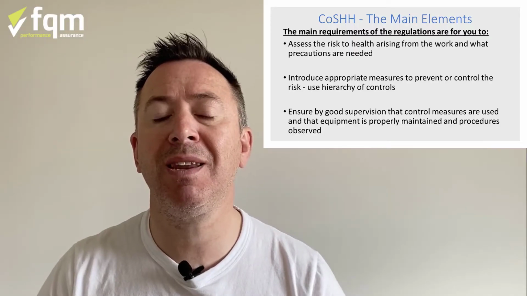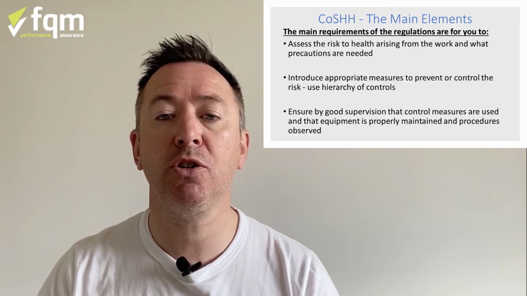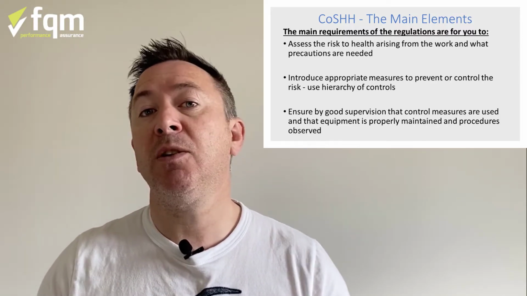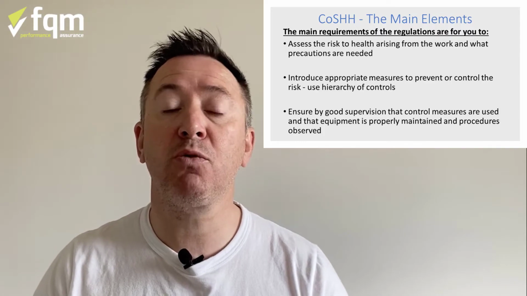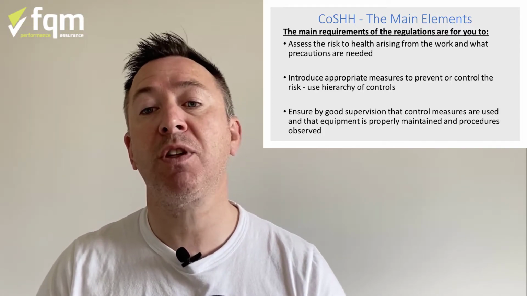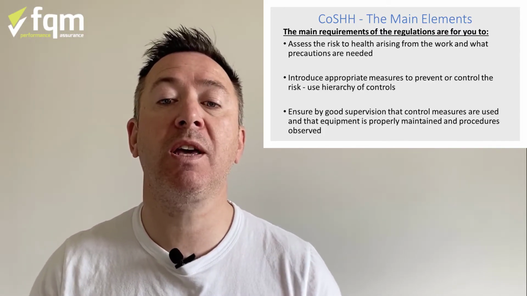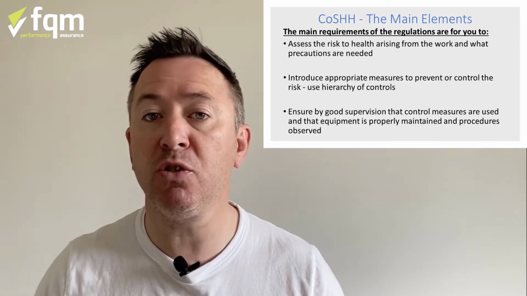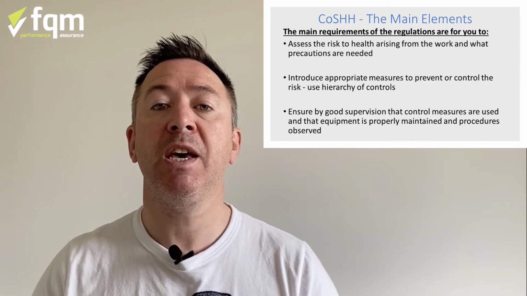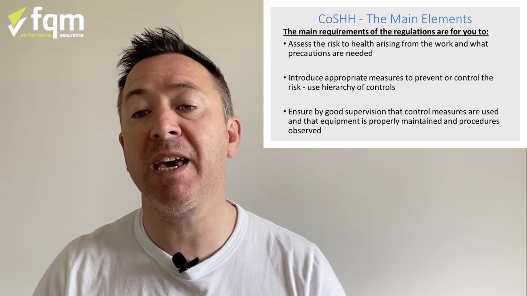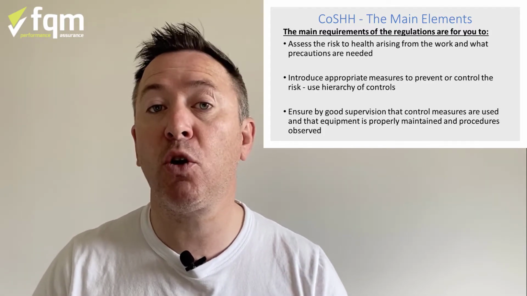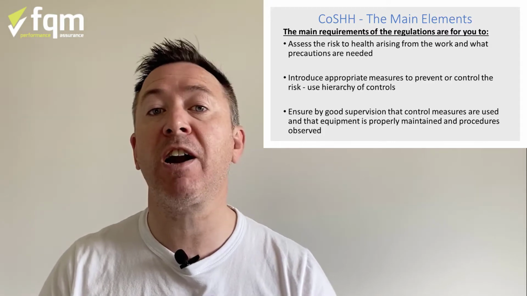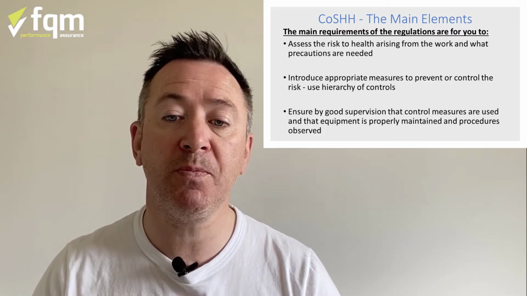So what are the main elements about COSHH? The main elements described in the regulations are to ensure that you assess the risk to health arising from the work and what precautions you need to put in place. Introduce the appropriate measures to prevent or control the risk, and it's always recommended to use the hierarchy of controls where possible.